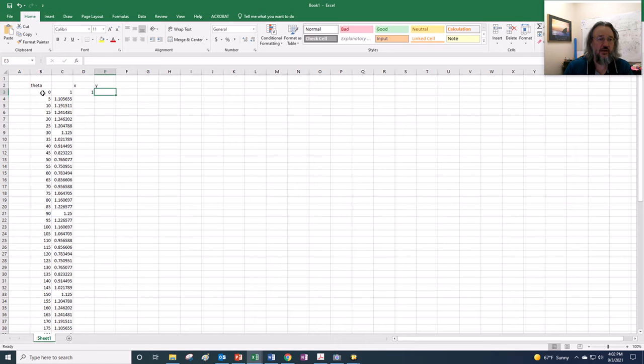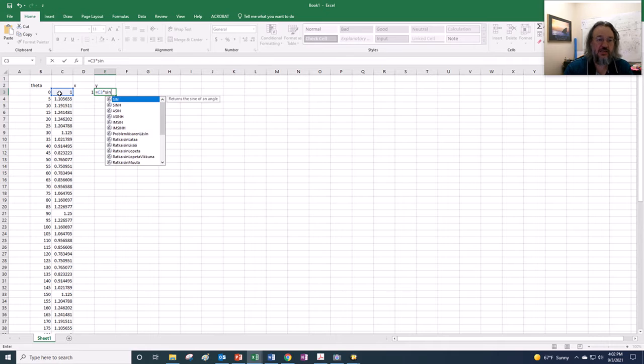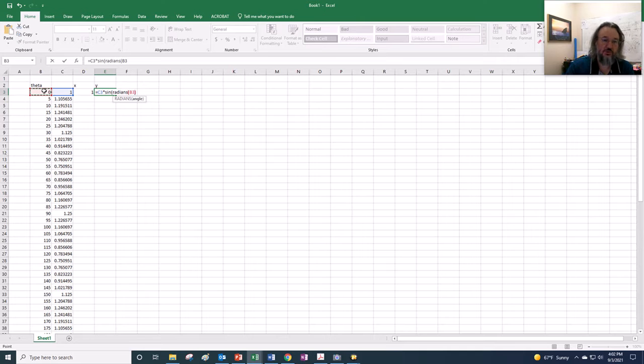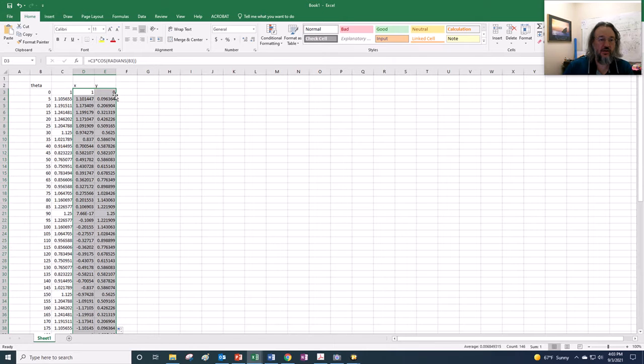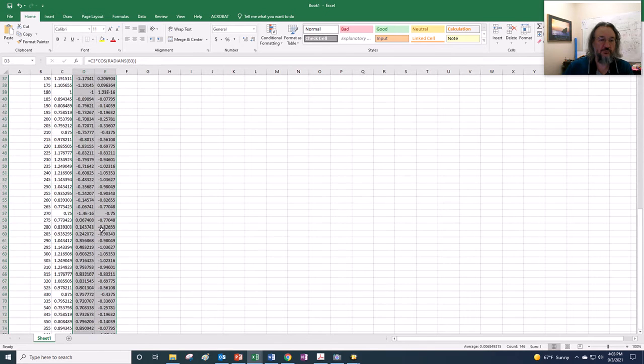Then the y is this times sine, and again I have to turn this into radians. Close it, and it goes all the way down.